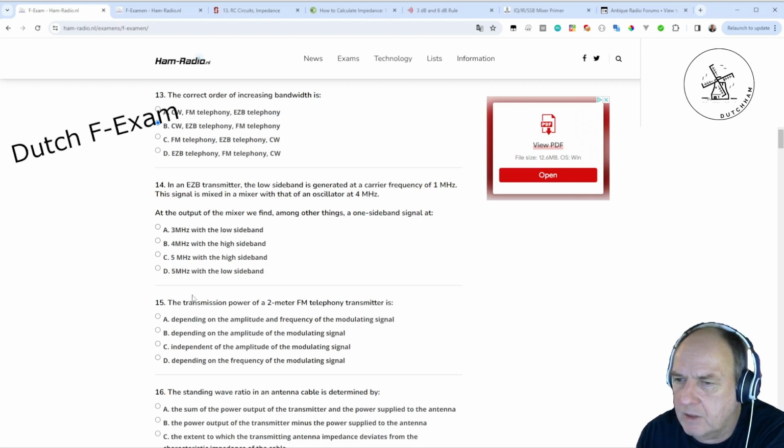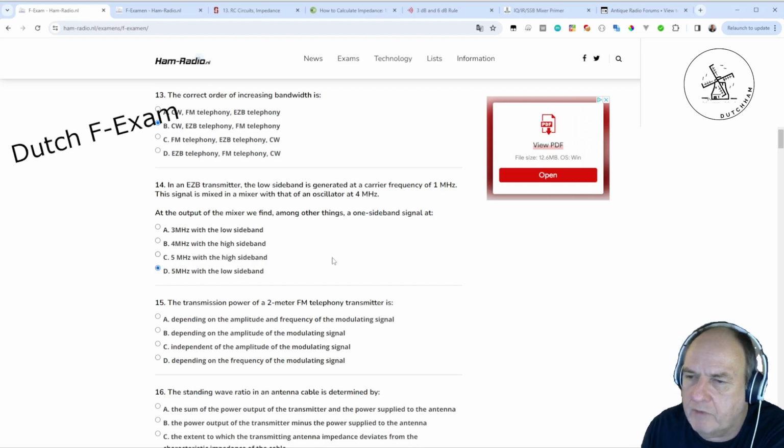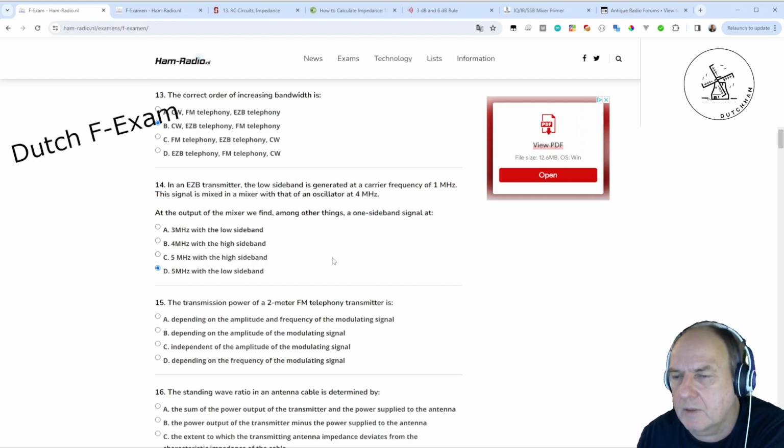So that will be at 5 MHz, and we put a low sideband in, so it will also be a low sideband out. So there will be that one, 5 MHz with a low sideband.